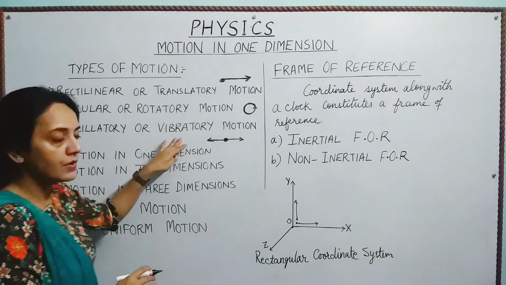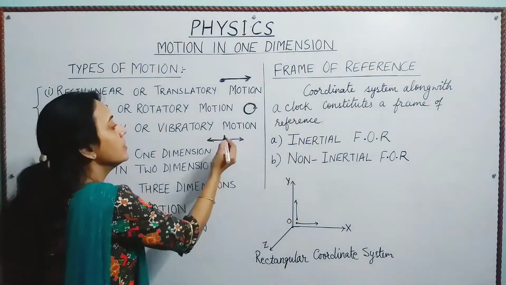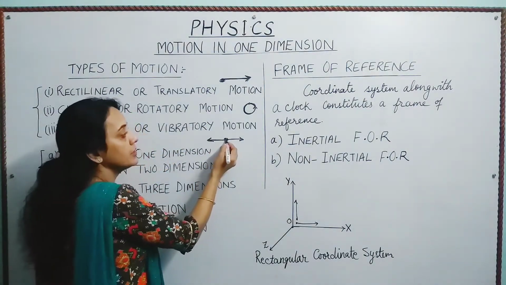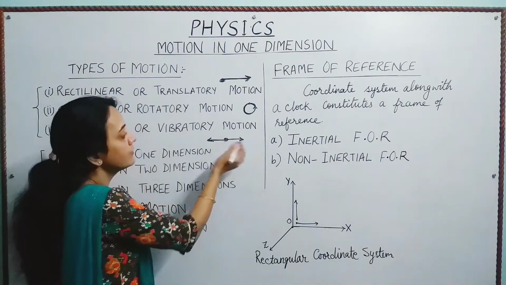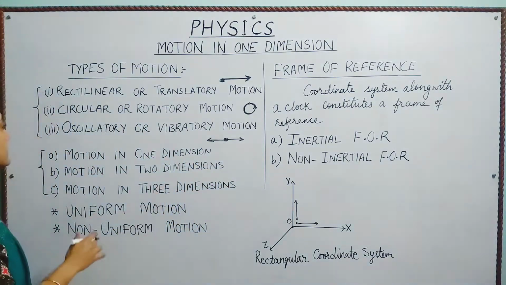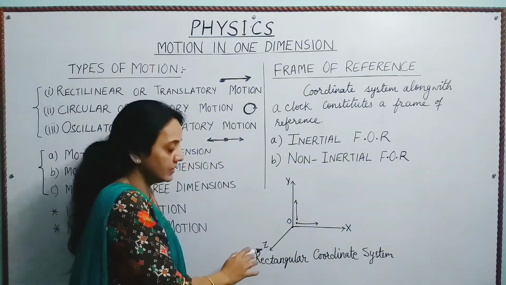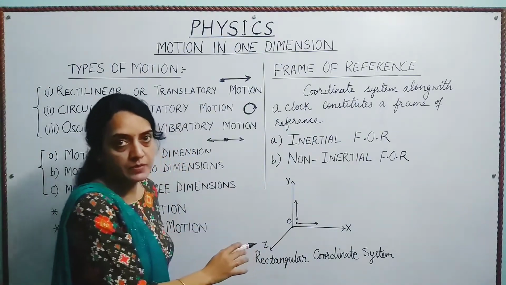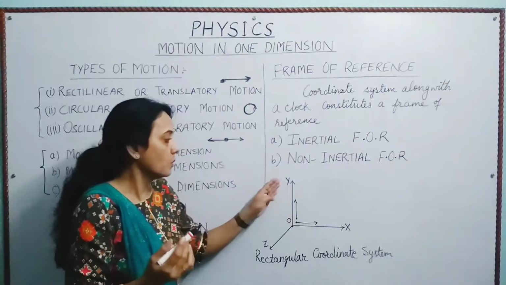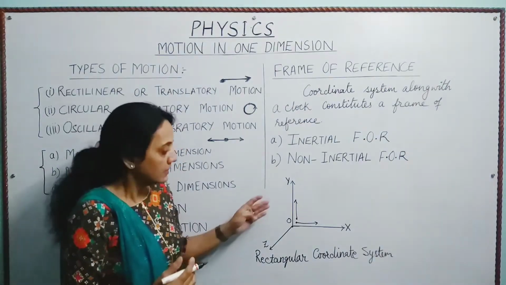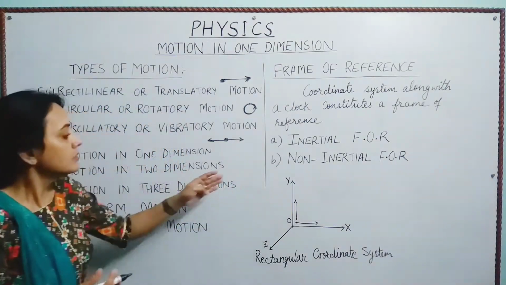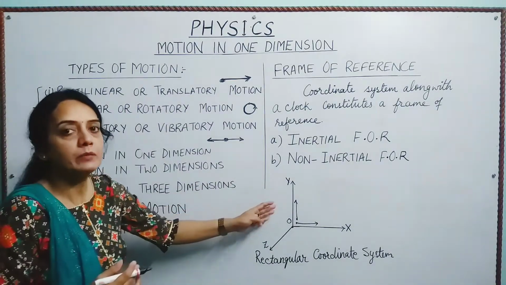Third, oscillatory or vibratory motion, in which a body moves around a mean position back and forth, to and fro. So it vibrates. Now, as we all are familiar with the rectangular coordinate system, which has three axes x, y and z, each at right angle, we also call it a three-dimensional system.